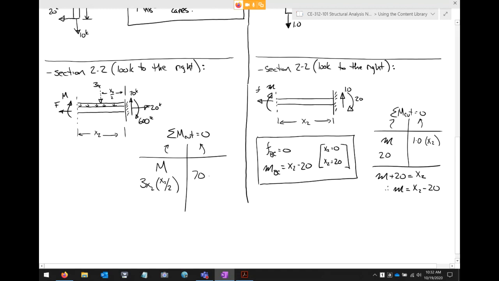I've got the 70 times x2, and then the 600 goes here. And there we go. So M plus 600 plus 3x times x over 2, which is 1.5x squared, equals 70x. So what do we get? We get an M, and maybe I'll call this MBC, is 70x2 minus 1.5 x2 squared minus 600.